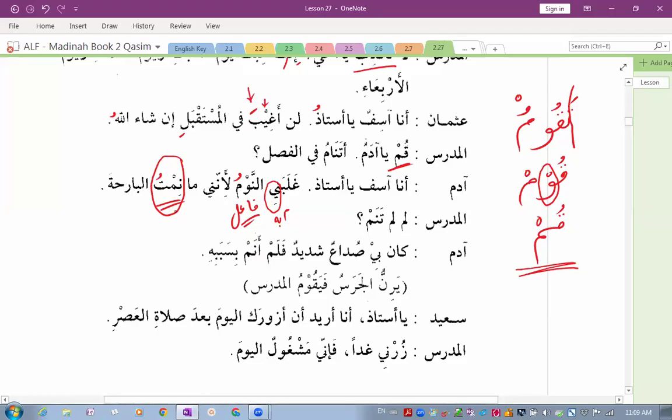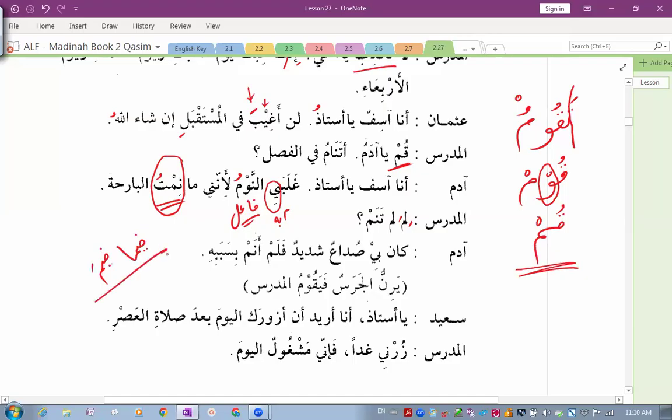That's good, brother Abdul Rahman. The teacher says lima lam tanam. So the first one is lima. Remember we said that when it is ma istifhamia coming after a harf jar, you do not use an alif. So we do not say fi ma, we say fima.